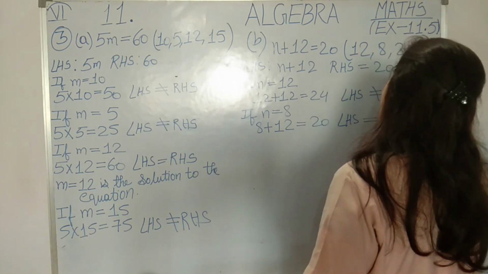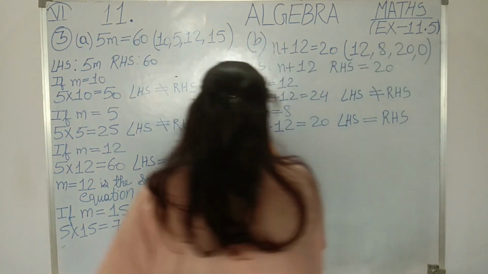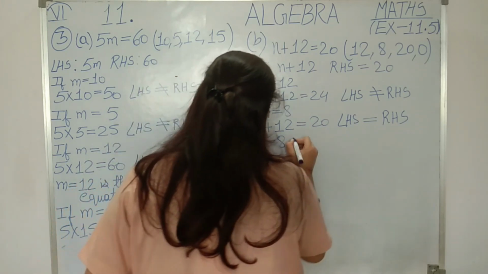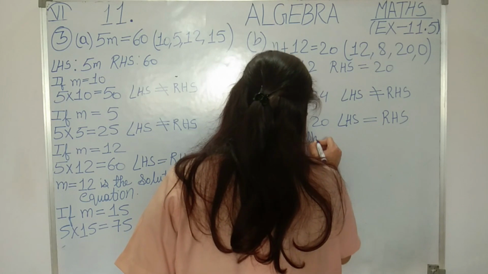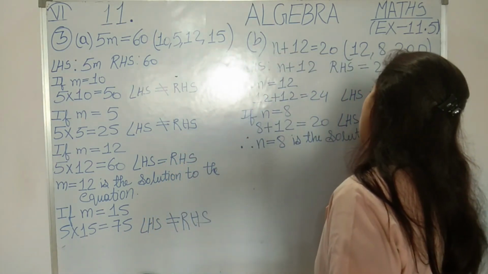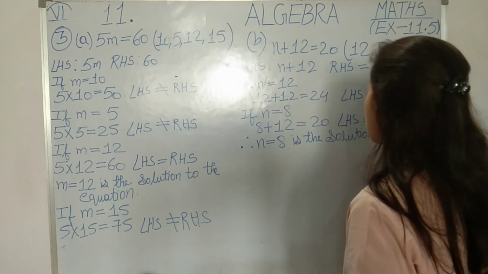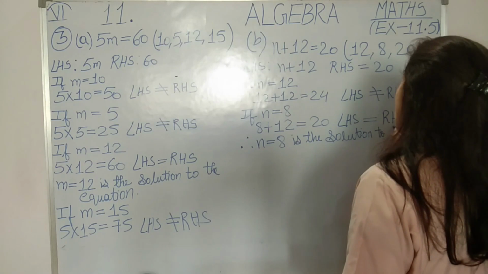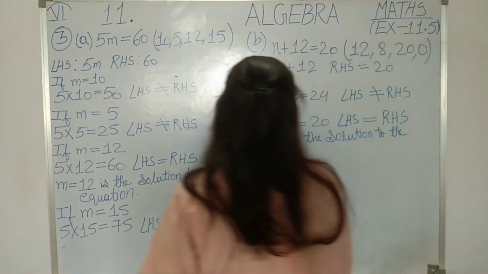So I will write here LHS equals RHS, and here itself I will write, therefore n equals 8 is the solution to the equation. Whatever value satisfies the equation, there itself you have to write that value is the solution to the equation.